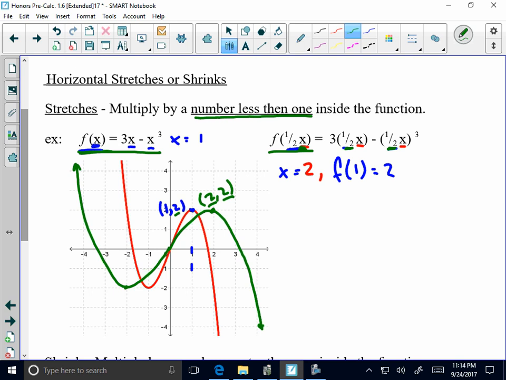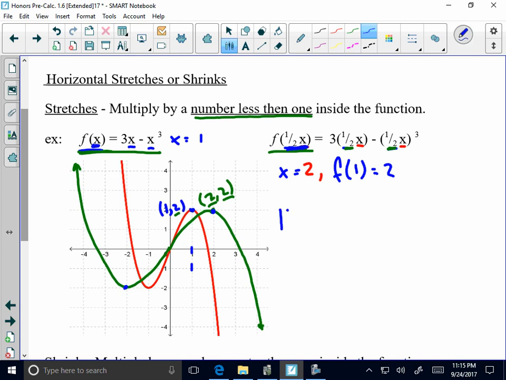And what we want to think here is basically that we're slowing down the process of plugging in x values. Every x value is 1/2 of the x value that we plug in, right? So essentially what we're doing is slowing down the processing of x values by multiplying the inputs by 1/2, right? Now, when we're talking about this as a transformation, we wouldn't say that this is a horizontal shrink by 1/2, because actually we're twice the width, or we basically get the function values at twice the x value.